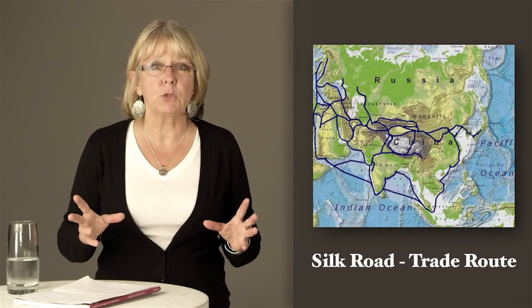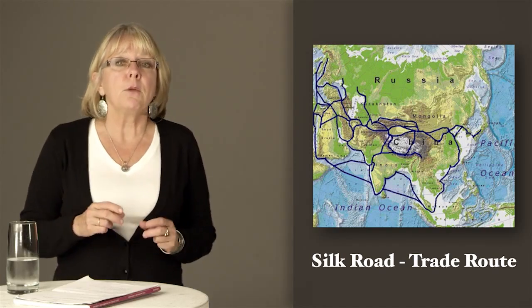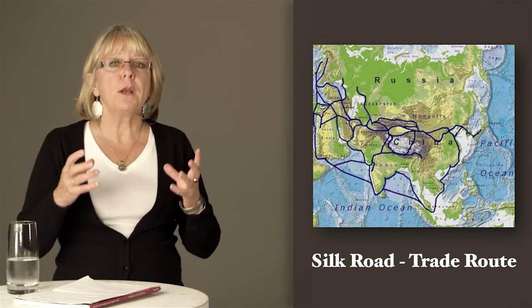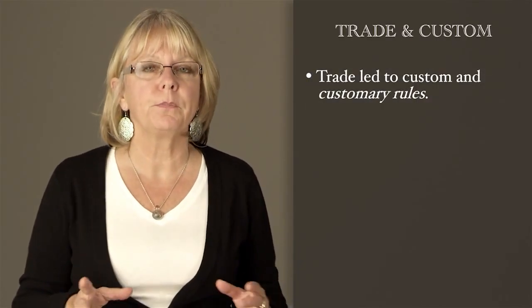But from earliest times, there's been trade between nations. And what do traders want? Well, they want predictability and law and order when they're buying from or selling products to people in another country. So a set of early rules developed among countries. These grew out of custom, and so they became known as customary rules.